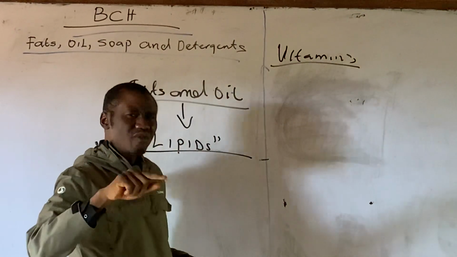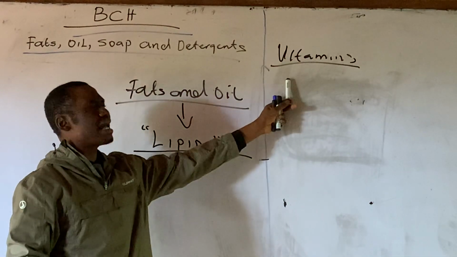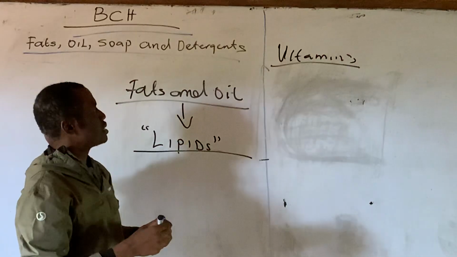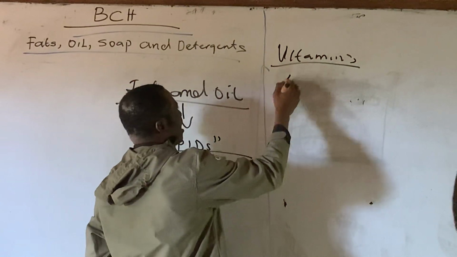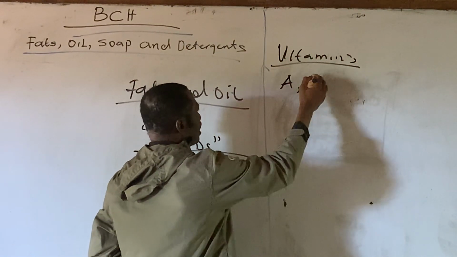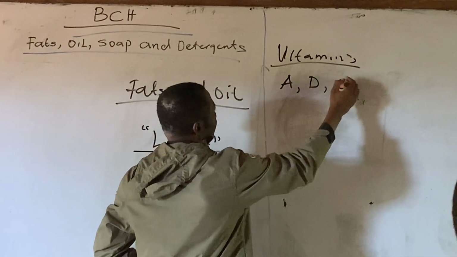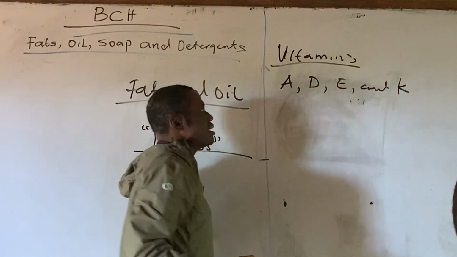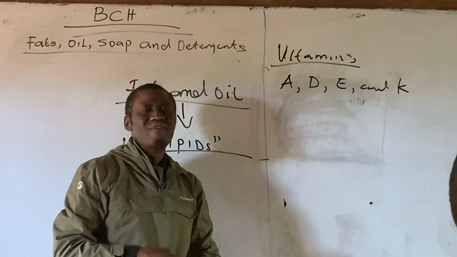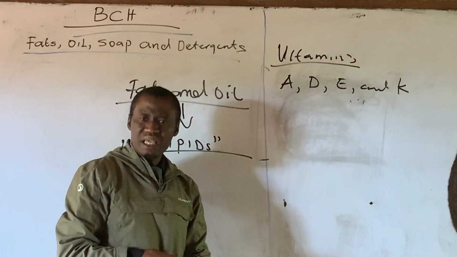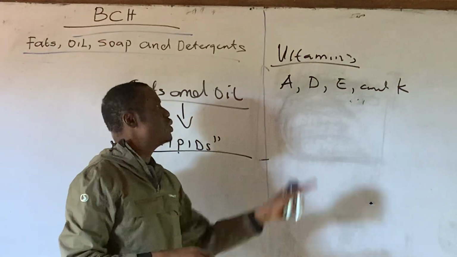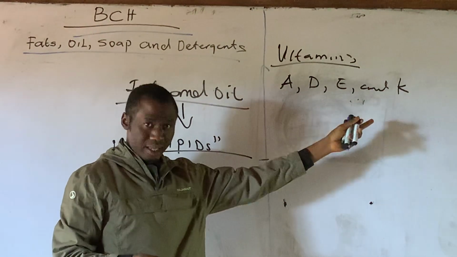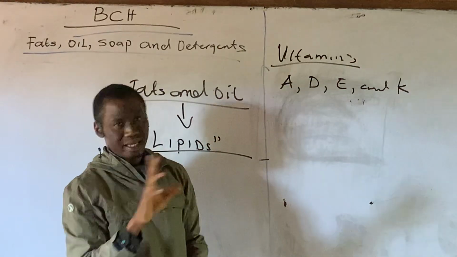So, part of the lipids are vitamins, essentially fat-soluble vitamins. These fat-soluble vitamins are vitamin A, vitamin D, vitamin E, and vitamin K. Well, if you're a Yoruba guy, Ade K. Adeki, not Adeleke, Adeki.